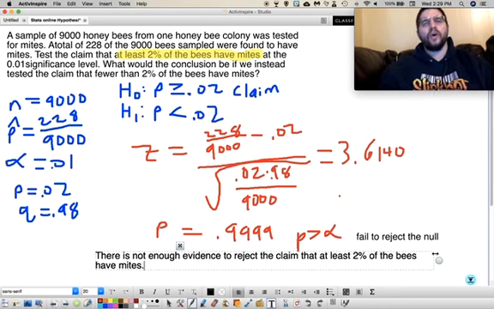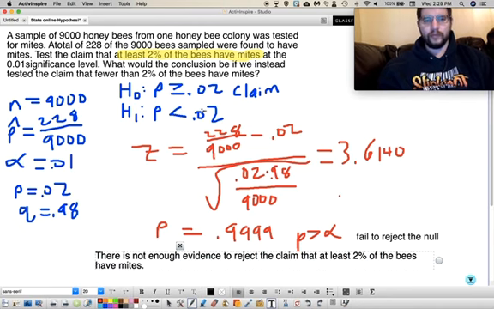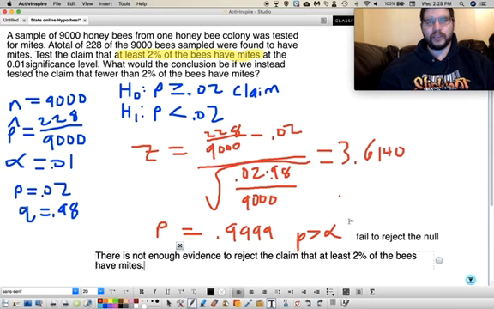And the second part says, what would the conclusion have been if instead we tested the claim that fewer than 2% of the bees have mites? Okay, so fewer than 2%. So we'd still have a left tail test, and we'd fail to reject the null because we didn't change anything to P, we just changed where the claim was.